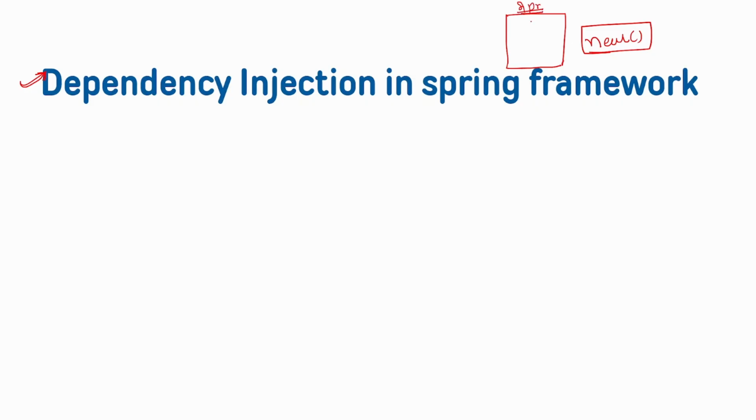All objects in the Spring framework are stored in the Spring context, so if we want to inject a dependency into another bean, we need to use the Spring context. In this part we will see what the methods are and how we can do dependency injection in the Spring framework.